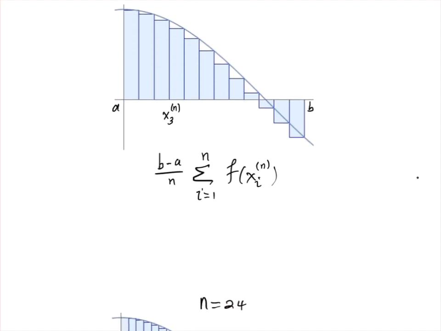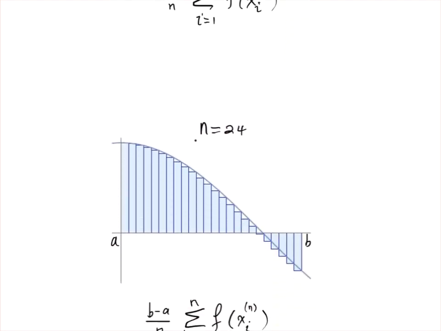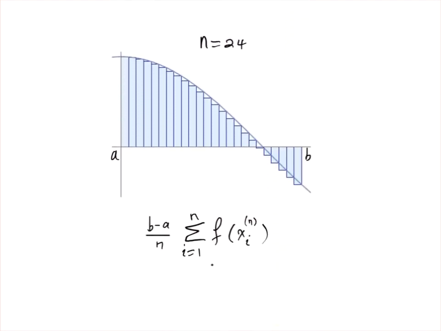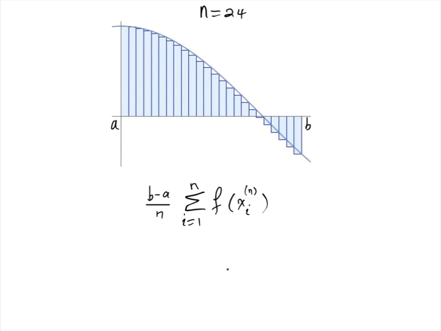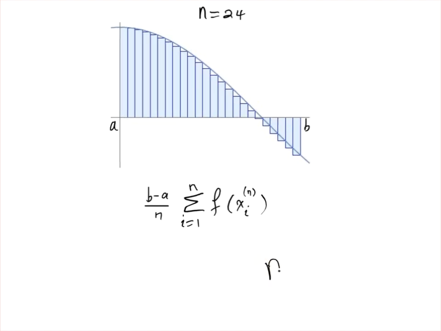And as we let n grow, like here n is equal to 24, we get closer and closer to the actual area. In this, you can see already that this is a limit problem. We are letting n tend to infinity.